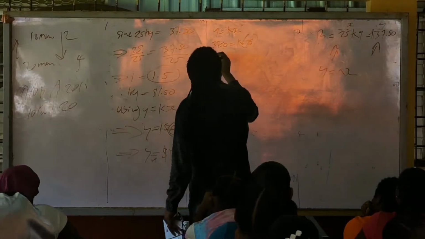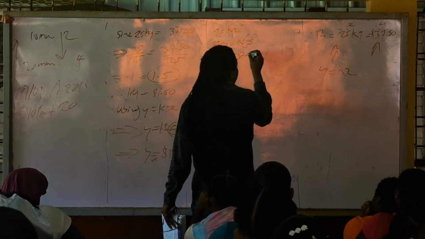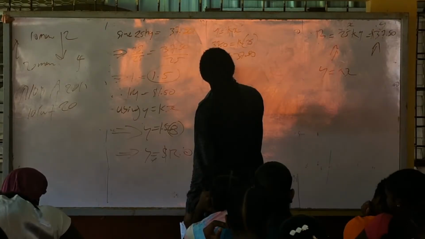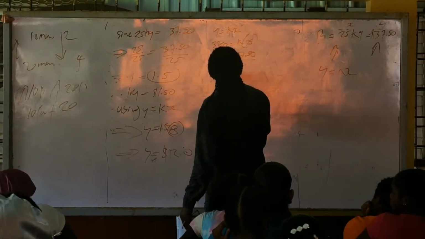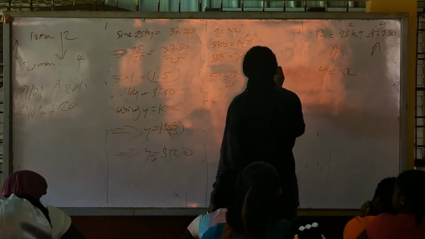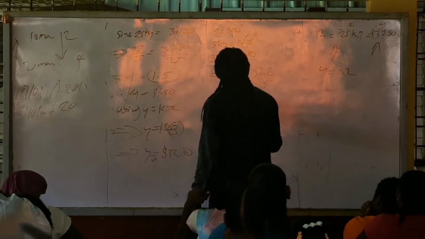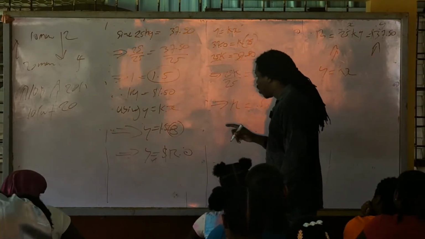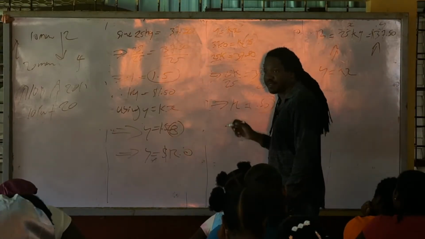That means that this over 25 equals this over 25. So 25k over 25 equals 37.50 over 25. So this implies that k equals $1.50. Now I know k. K is equal to $1.50.